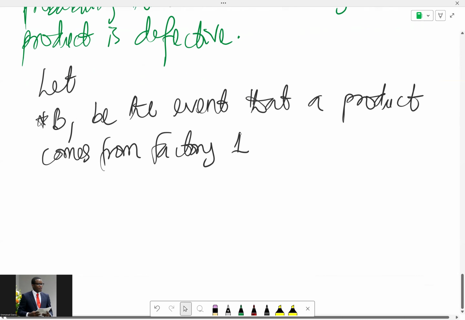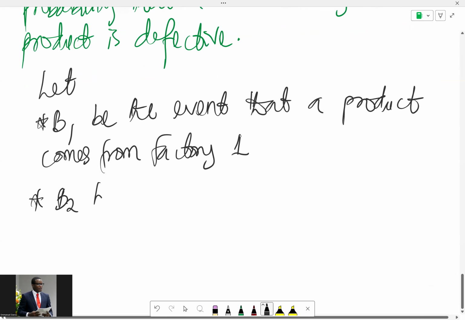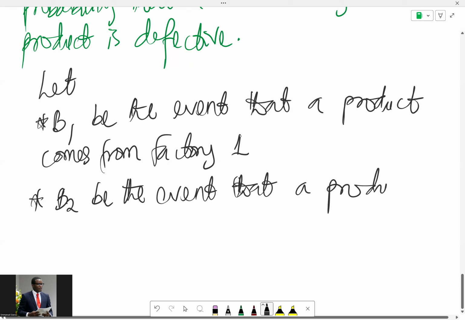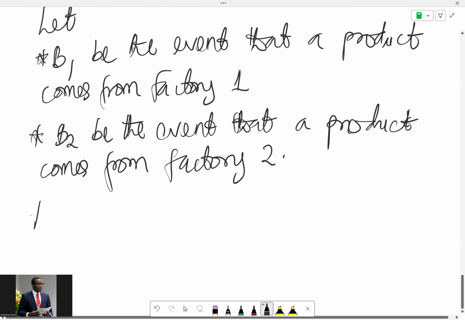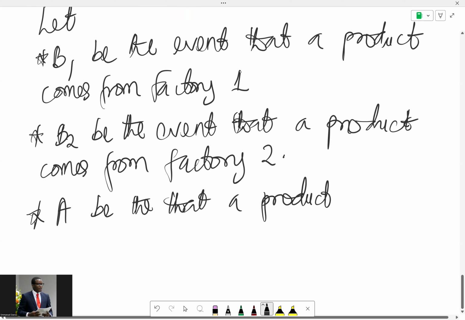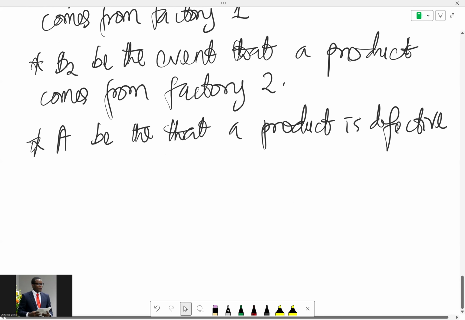Then B2 be the event that a product comes from factory 2. And of course, what we actually need is A, the event that a product is defective.